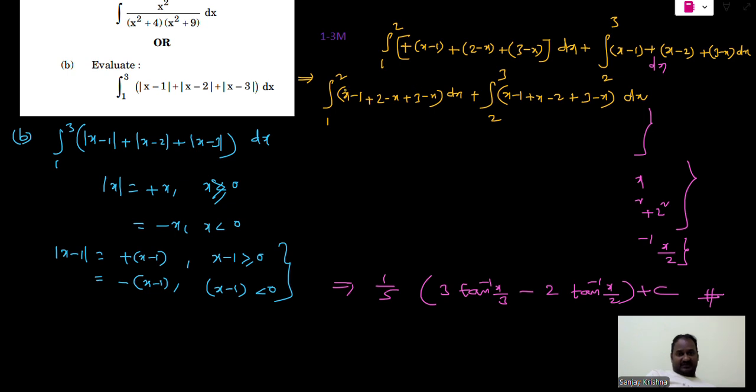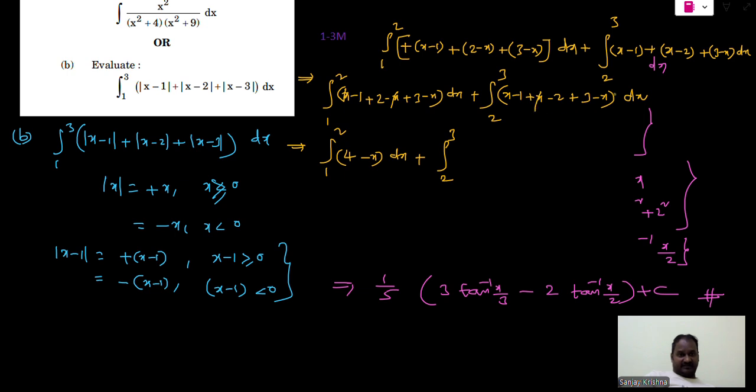So here plus x and minus x get cancelled, and after that it is 1 to 2, 2 minus 1 is equal to 1, 1 plus 3 is equal to 4 minus x into dx, plus integral 2 to 3. What is the cancellation here?